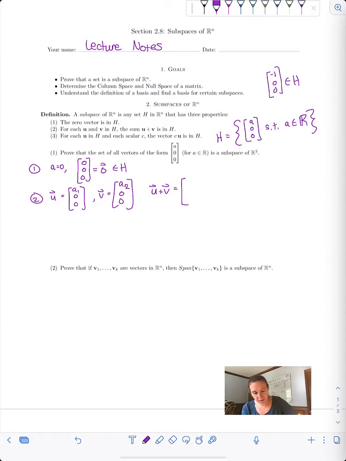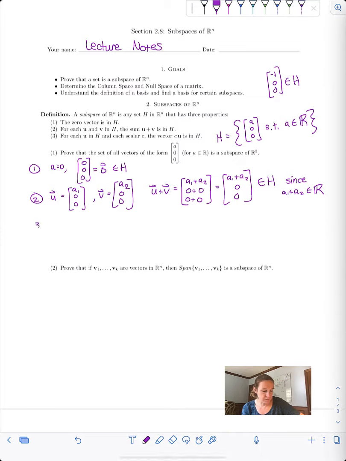And basically we're trying to show that when we add them together, we still get something that's of that same form where we have a real number in that first row followed by zeros in the second row. And this is in H since a1 plus a2 is a real number.